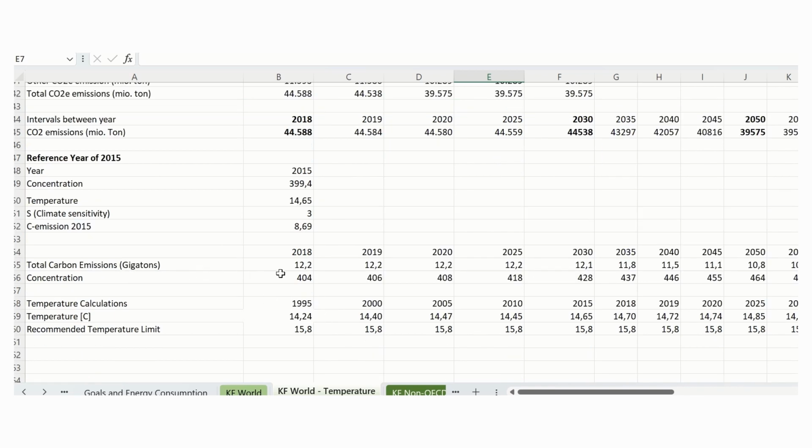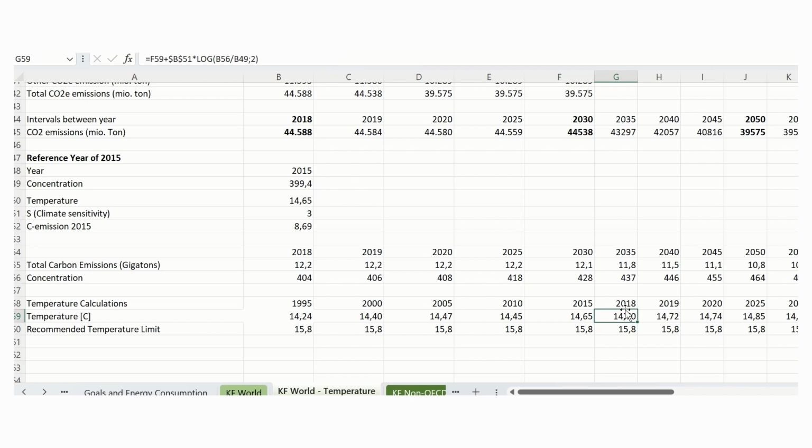This is the carbon emissions, how that will develop in the future based on your scenario calculations. And based on these emissions, the model will calculate the concentration. As you can see here, this is in fact the formula for the concentration in the future. And when we know the concentration in the future, we are also able to calculate the temperature.